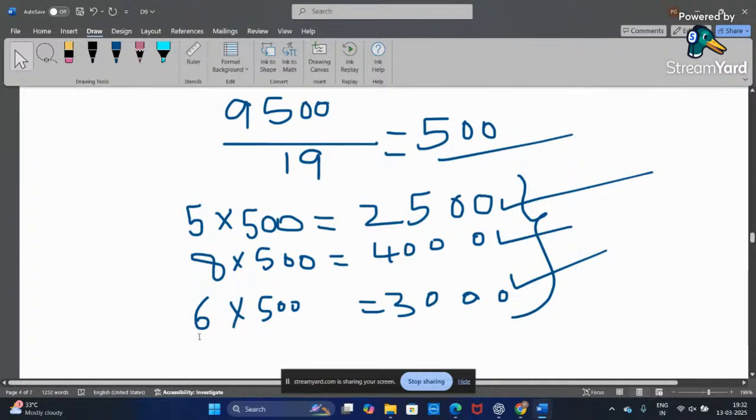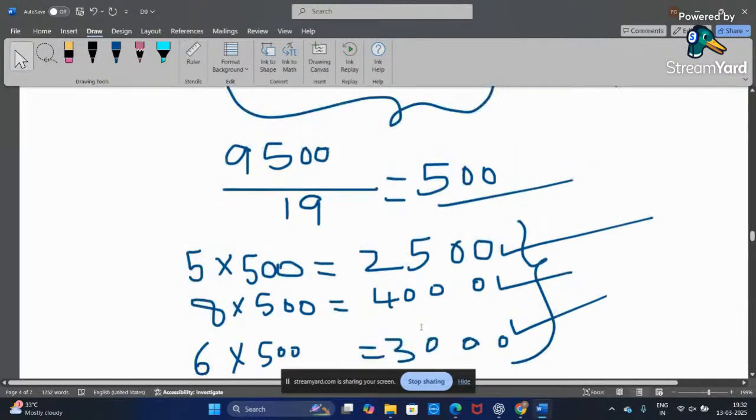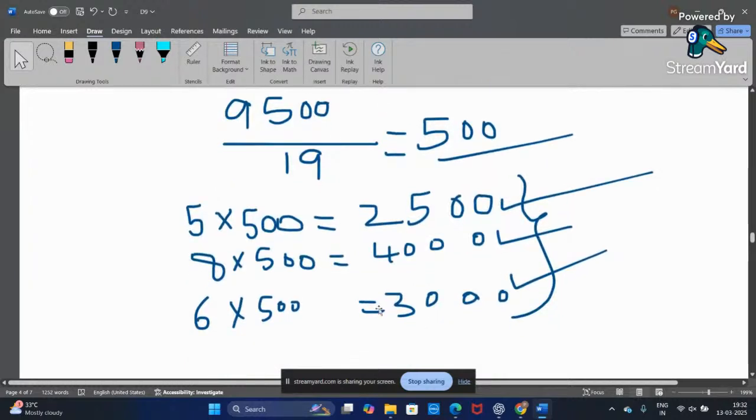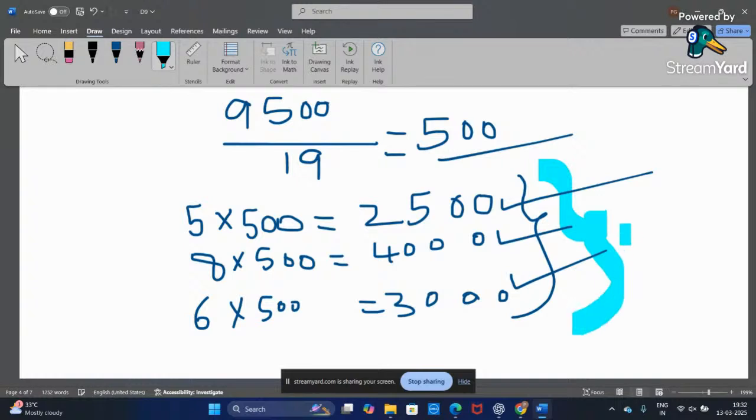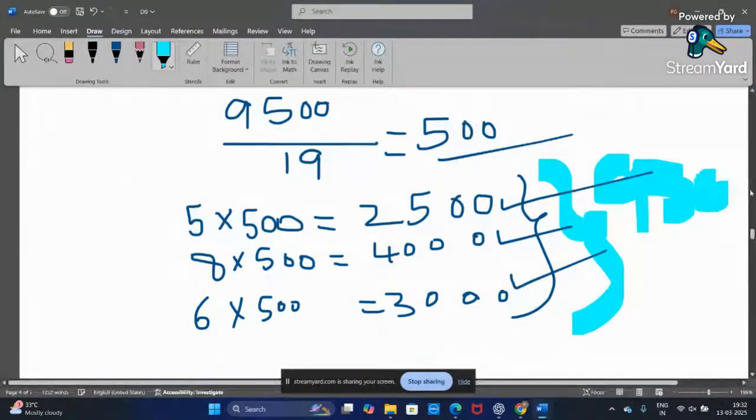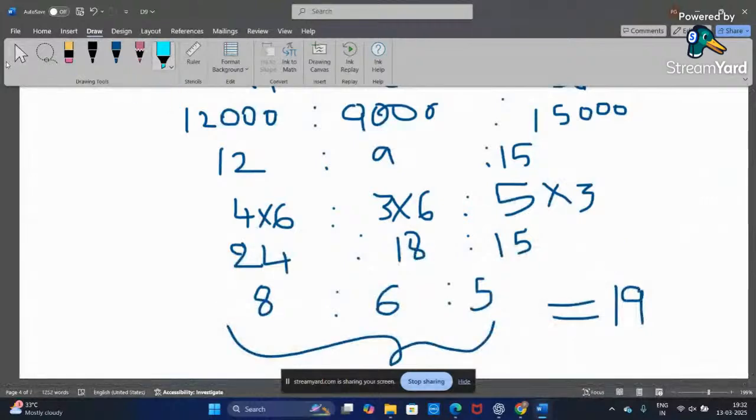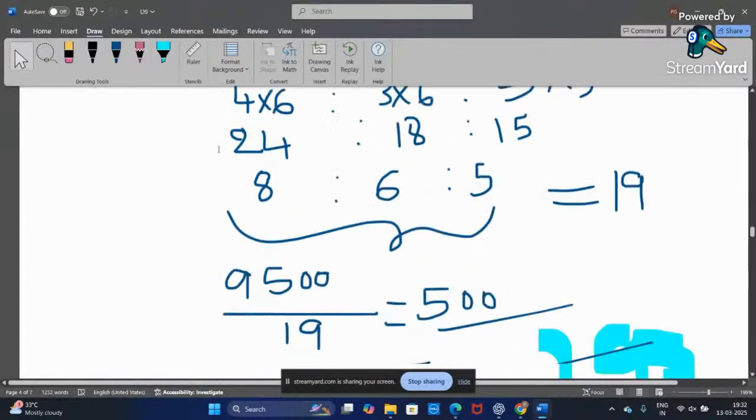And to find Surinder's share, we multiply his ratio with 500 so that we'll get 3,000. Right. So this is how we need to calculate. To cross verify your answer, whether it is correct or wrong, just add these three values so that you will get 9,500. This is how you need to cross verify your answer.